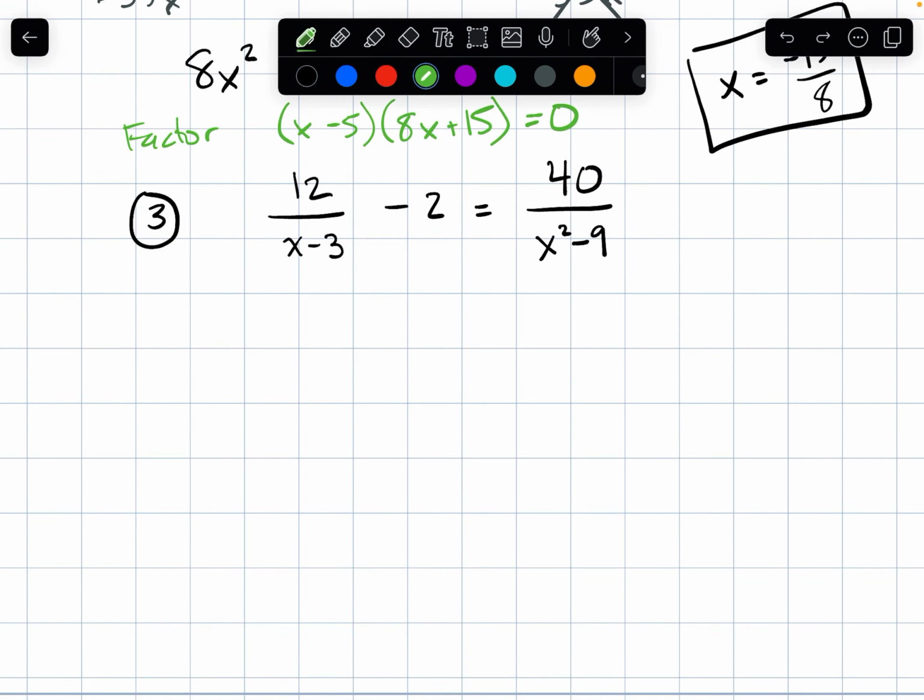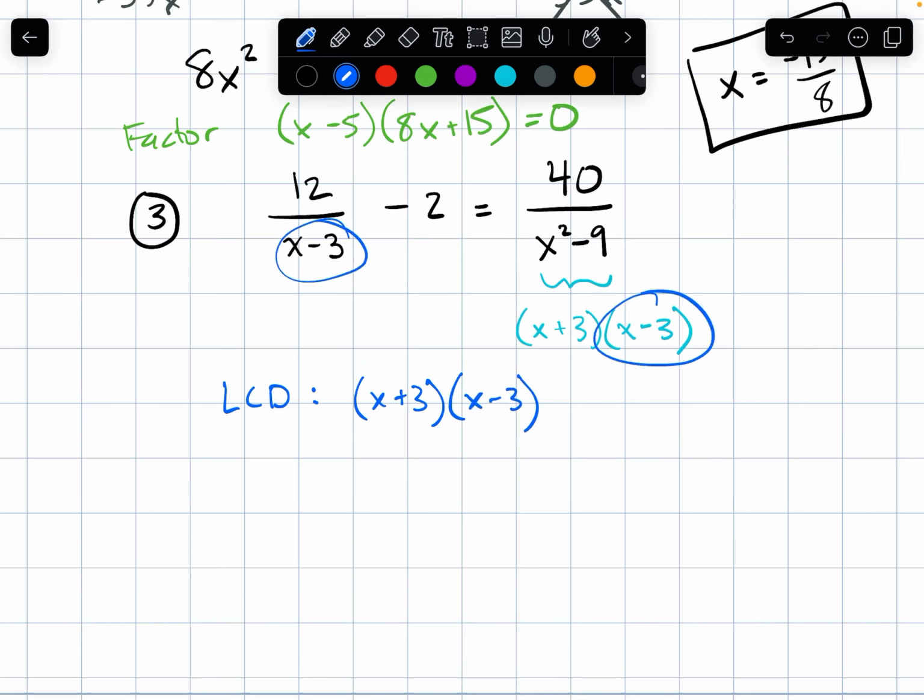Last one. Again, I want to get common denominators. And if I look at this denominator right here, I see that this is really a difference of squares, x plus 3, x minus 3. All right, so that is useful because now if I think about the LCD, I know I'm going to have an x plus 3 because there's an x plus 3 here.